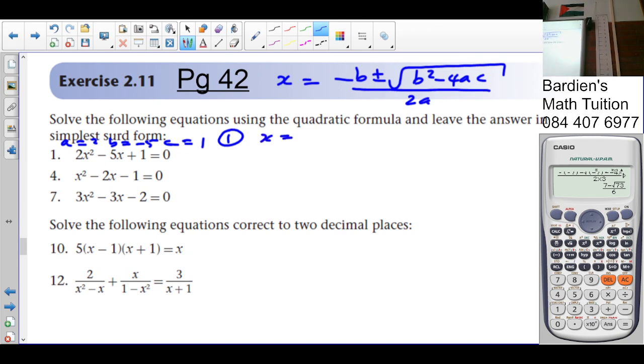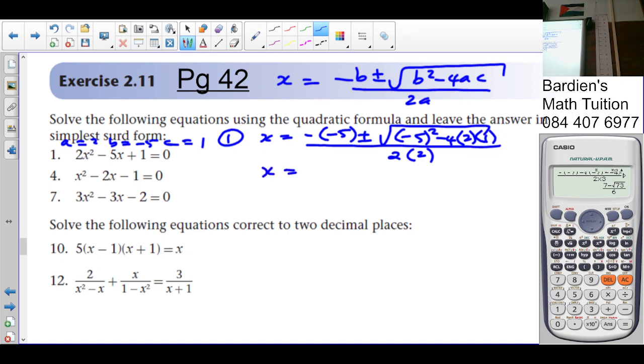So we say x is equal to minus negative 5 plus minus the square root of negative 5 squared minus 4 times your a value, which is 2, and your c value, which is 1, over 2 times your a value, which is 2.